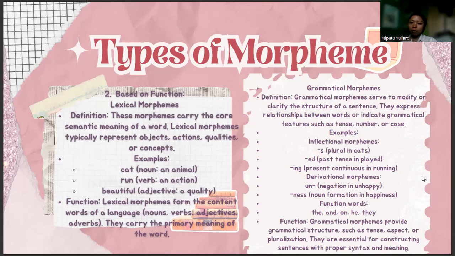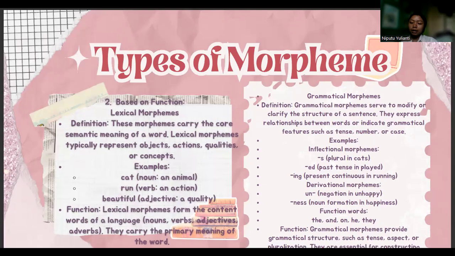And number two, grammatical morphemes. For the definition, grammatical morphemes serve to modify or clarify the structure of a sentence. They express relationships between words and indicate grammatical features such as tense, number, or case.